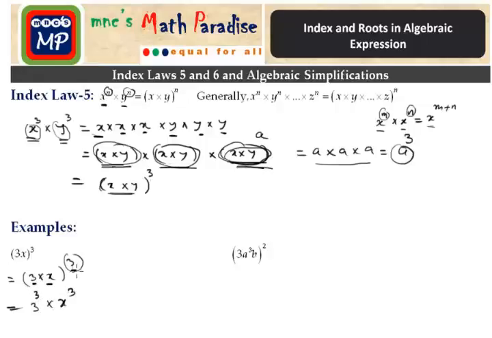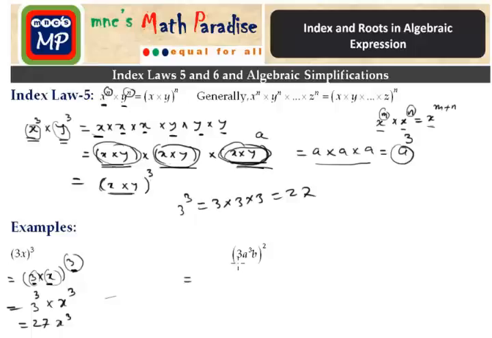Now the simplification: 3 to the power 3 means 3 times 3 times 3, that means 27. So we will get 27 x to the power 3.